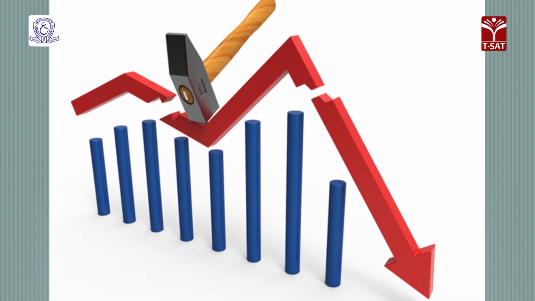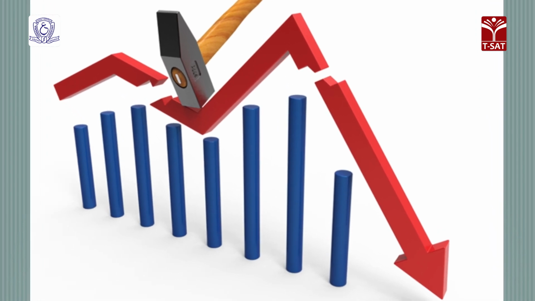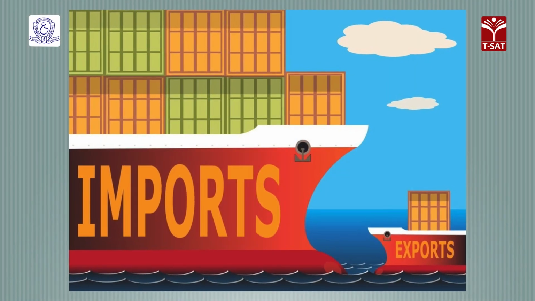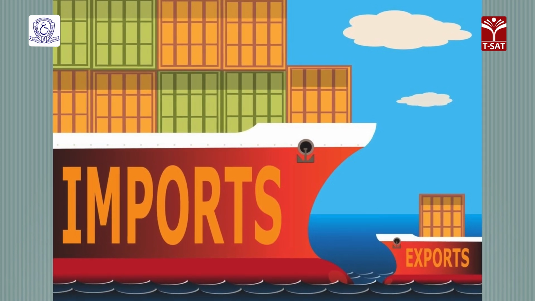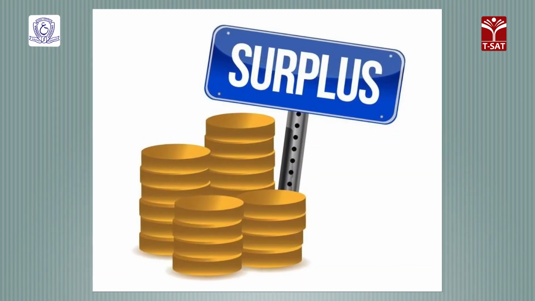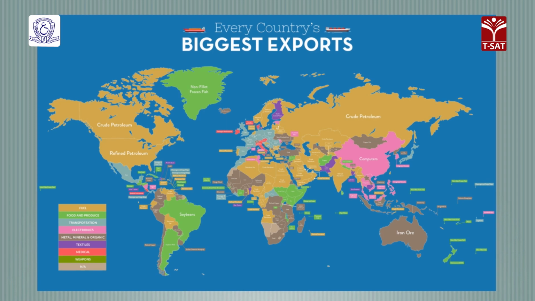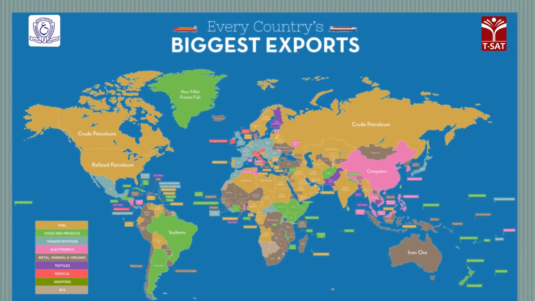Balance of trade numbers can show a trade deficit, meaning a country imported more than it exported, or they can reflect a trade surplus, exporting more than was imported in a specific time period. Imports and exports can include physical goods and intangible services.